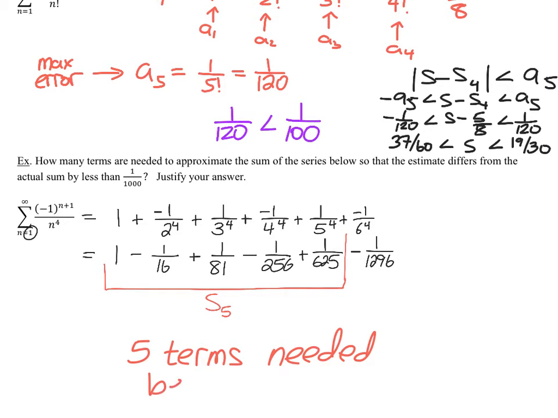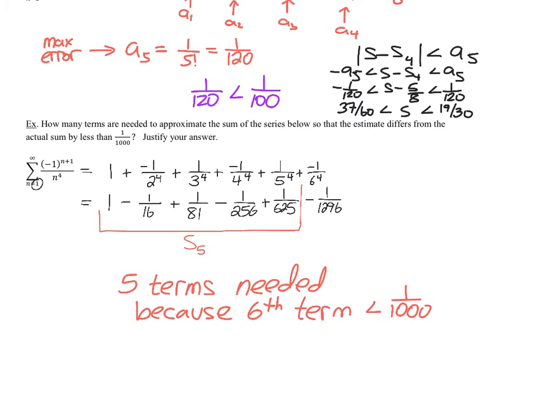And that's because the 6th term is less than 1 over 1,000. All right, its magnitude anyway. All right, so it's within 1/1000th of a unit of the correct sum.